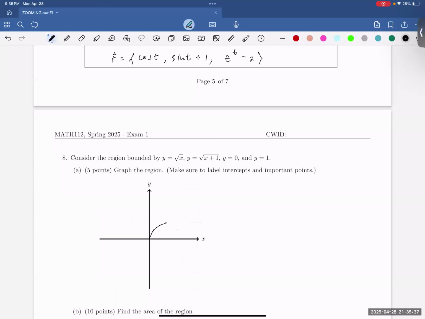Okay, so there's my root x graph. Root x plus 1 would shift that back there. And I'm needing, let's see, there's y equals 1, y equals 0 is there, and I need this area.